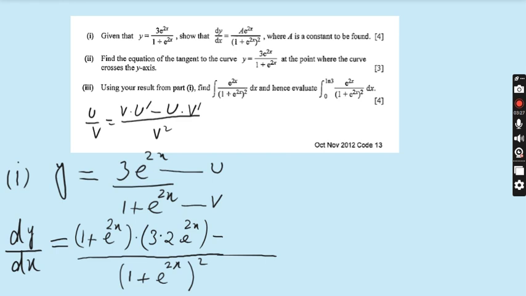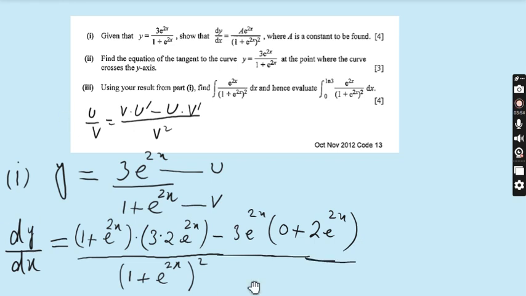Minus u as it is, 3e power 2x multiply by derivative of v, that is derivative of 1 plus e^2x. Derivative of 1 is 0 plus derivative of e^2x is 2e^2x, bracket close.